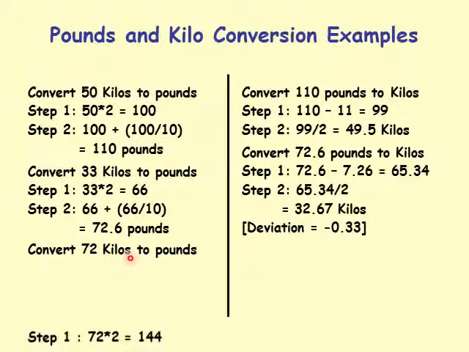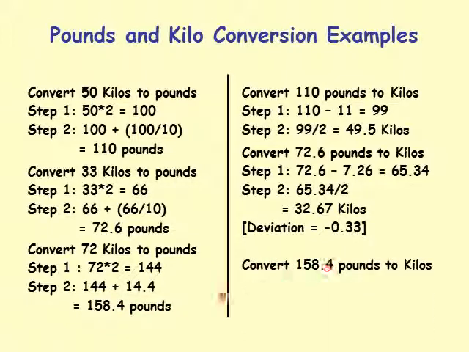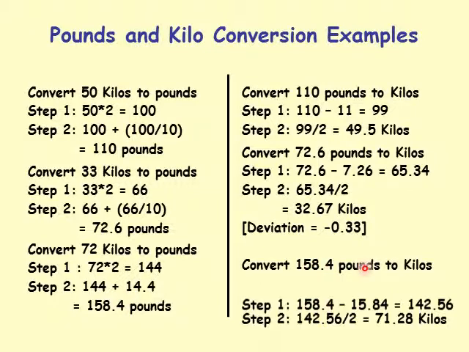Another example. Convert 72 kilos to pounds. 72 multiplied by 2 gives 144. Add a tenth, 144 plus a tenth of that, 14.4, is 158.4 pounds. So 72 kilos is 158.4 pounds. Let's convert that back, 158.4 pounds to kilos.